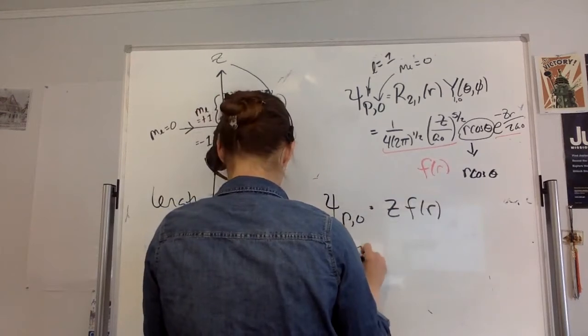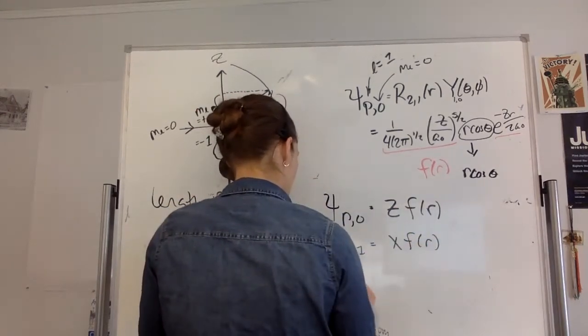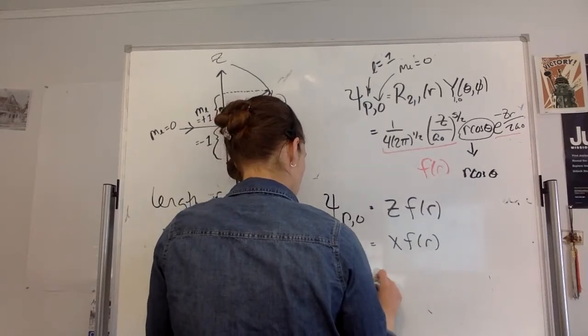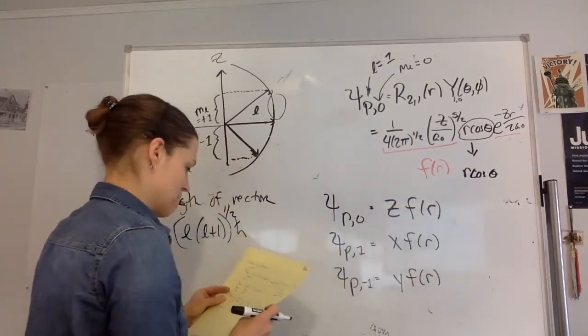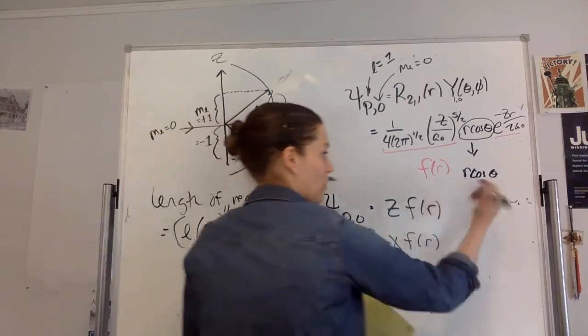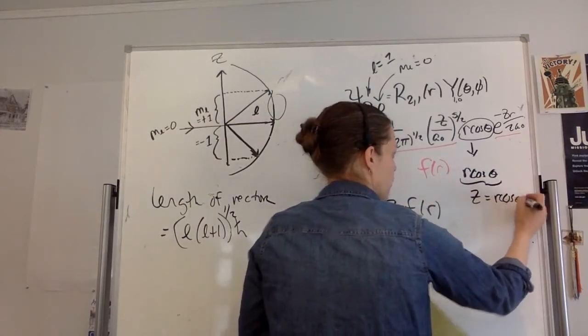Psi p1 equals x f of r. Psi p minus 1 equals y f of r. Cool? Where z equals r cosine theta.